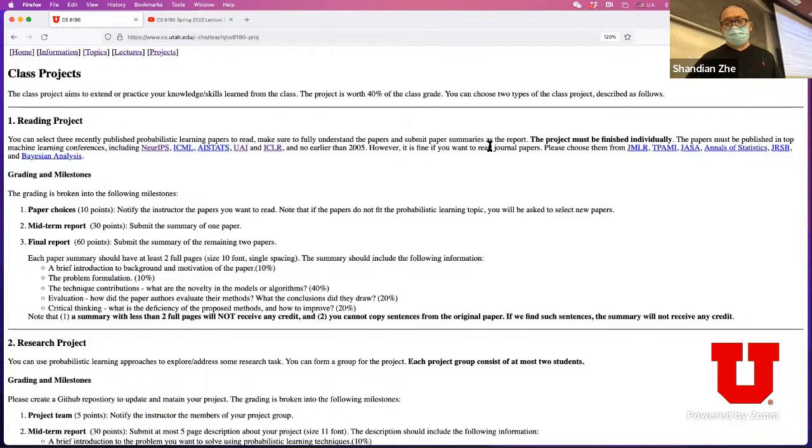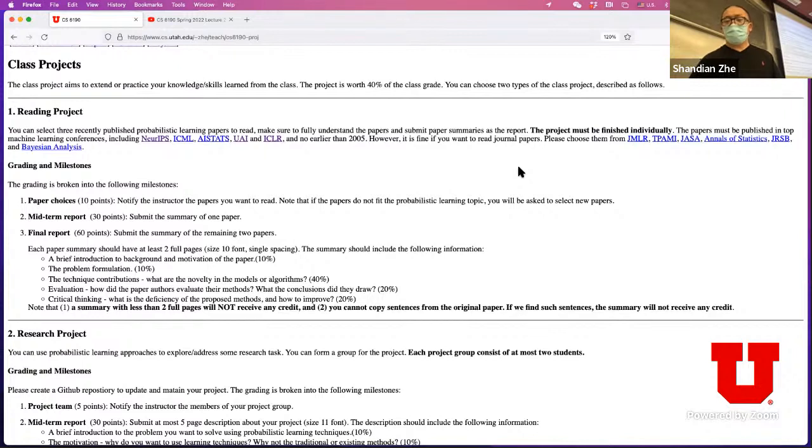Or you can choose to read journal papers. We also give a list of excellent journals in probabilistic learning. But again, the workload is too much for this. If you're really interested, please go ahead, although we do not strongly recommend reading lengthy journal papers.